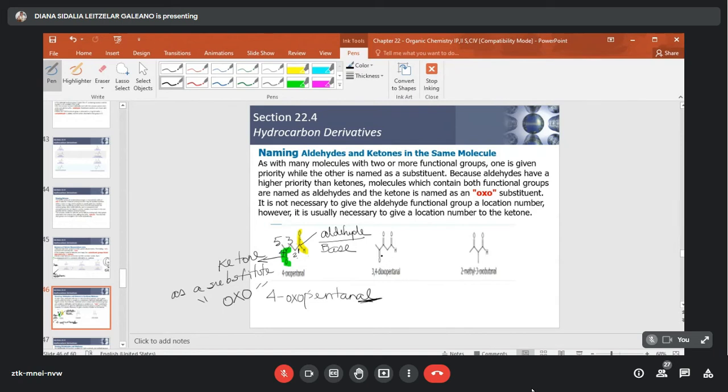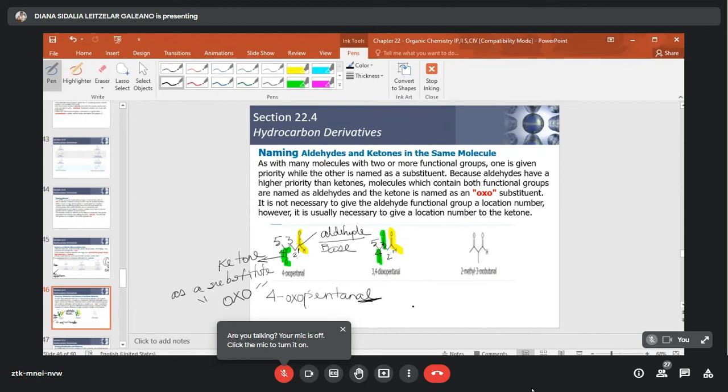If we see the second one, the aldehyde is always at the beginning, so we know it will be considered an aldehyde. We have two carbonyl groups that will make it a ketone. So we count 1, 2, 3, 4, 5.